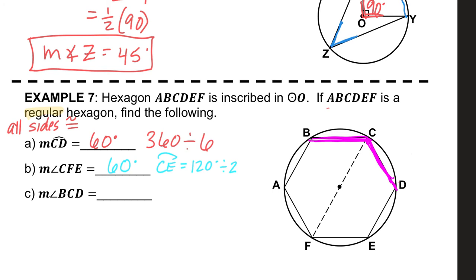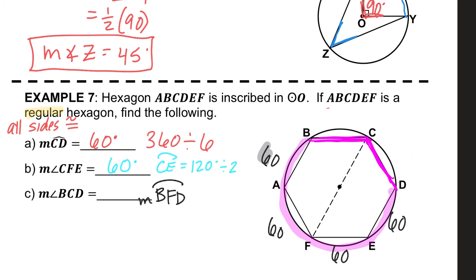It's going to be half of your intercepted arc. I'll use the same color with the highlighter on this one. So I'm going to make sure that we remember that each one of these is going to be 60 degrees. Come on, Miss Collins, you got this. Almost done. So when we take that 60 degrees and we have 1, 2, 3, 4 of them, we know that we're going to have the arc, we'll call it BFD.